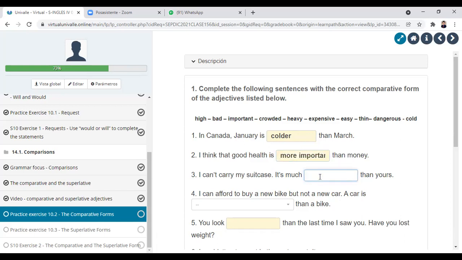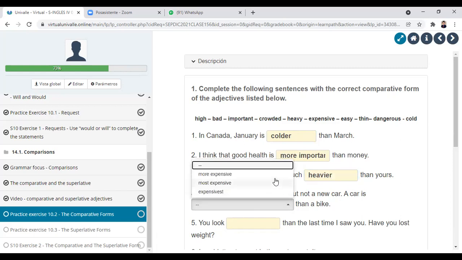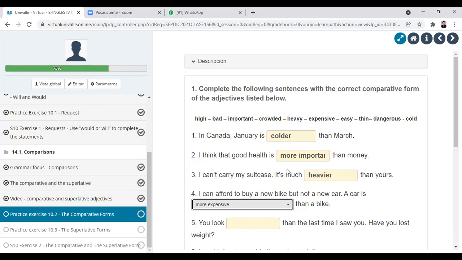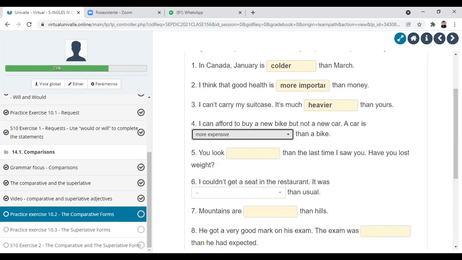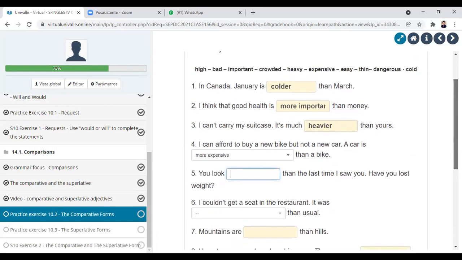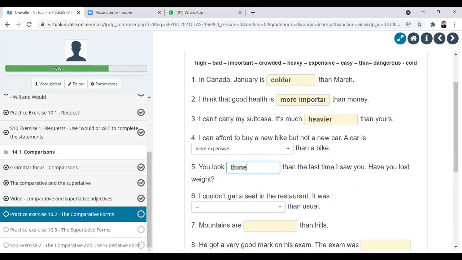I can't carry my suitcase. It's much heavier than yours. I can afford to buy a new bag, but not a new car. A car is more expensive than a bike. You look thinner.